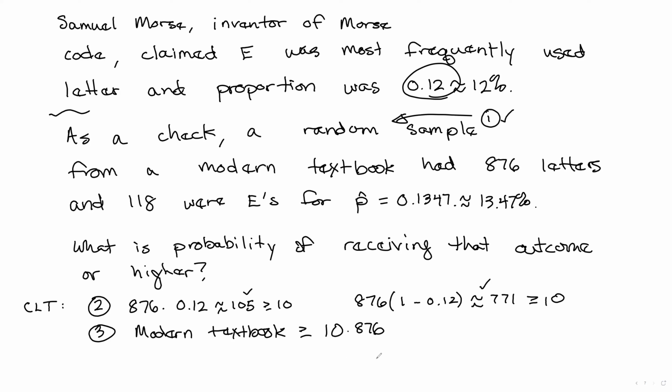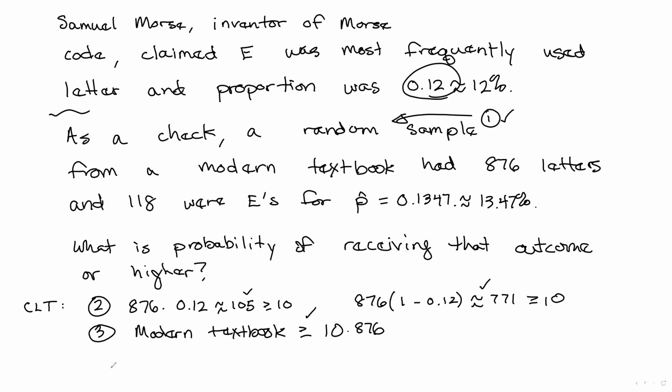I actually don't know the size, but it doesn't sound like very much. Maybe that's one page of letters or something like that. And a textbook is clearly going to have more than 10 pages in it. So we do have enough, and the conditions for the CLT are all satisfied.